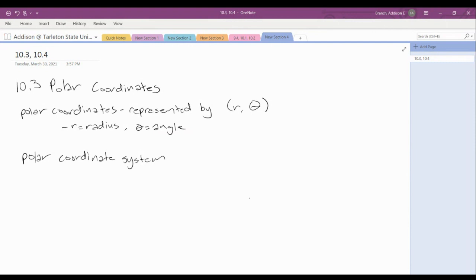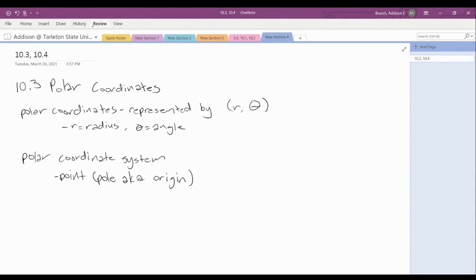So when we have a polar coordinate system, we start off with a single point that we call the pole, which you can also refer to as the origin.